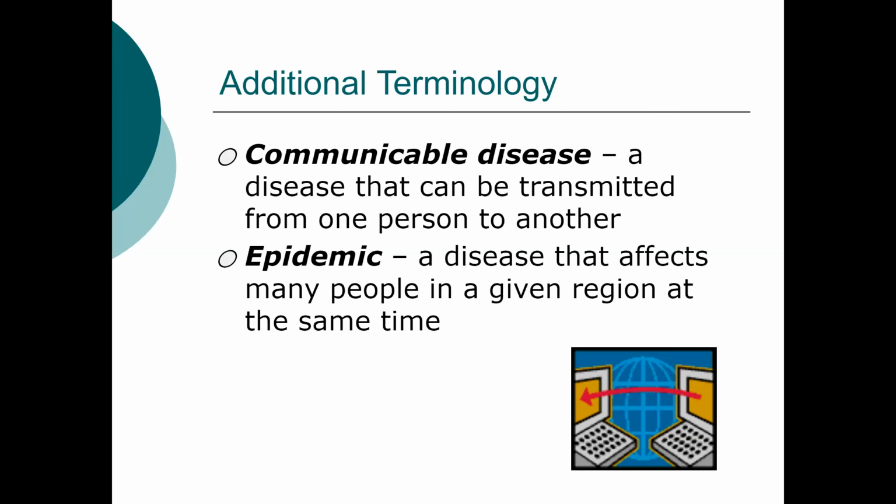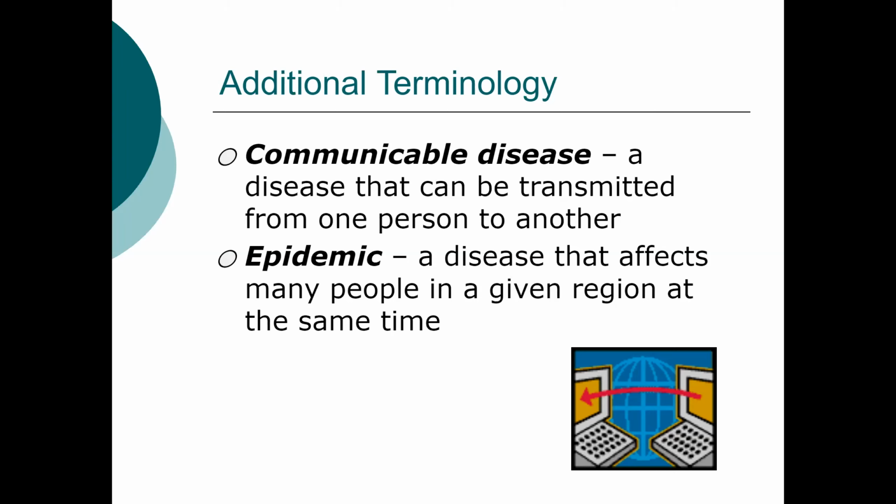So let's take Europe, okay? COVID started over in Asia, China specifically, moved across the Asian continent, and then went to Europe, where it had devastating effects. It decimated Italy as well. And so that is an epidemic.